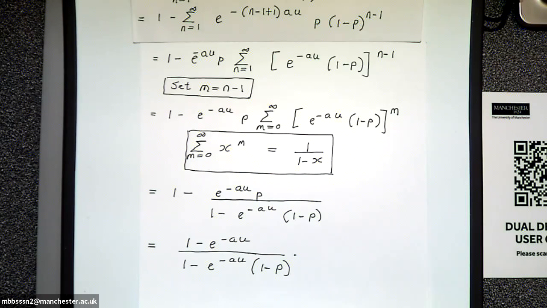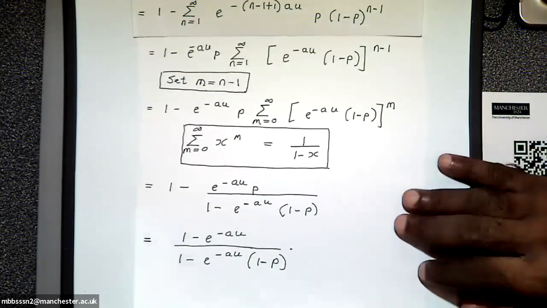Correct me if I'm wrong. So this is the CDF of the minimum portfolio loss, right? And are you okay with this or not? Any questions, guys? Yeah, Robert, you okay?